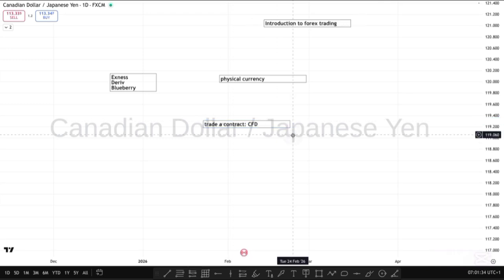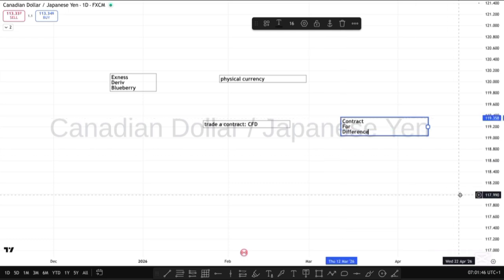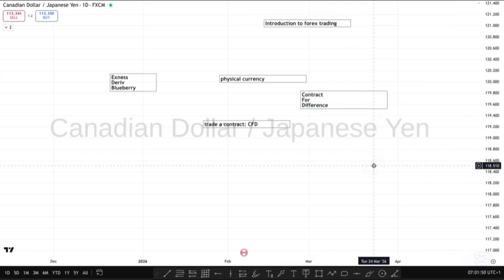Now, what does CFD stand for? CFD stands for contract for difference. If you are opening an account with a broker, you usually see this word CFD written there. CFD account options.